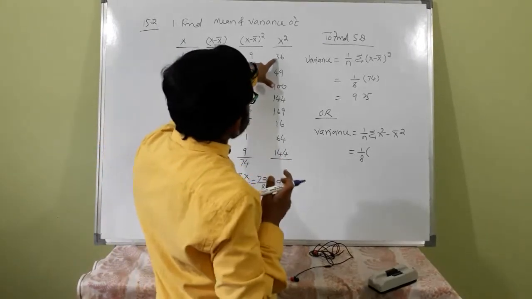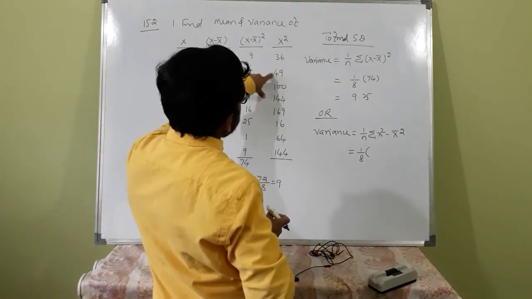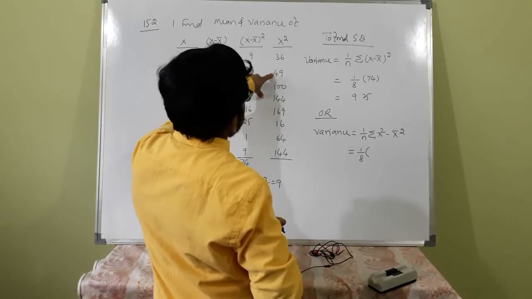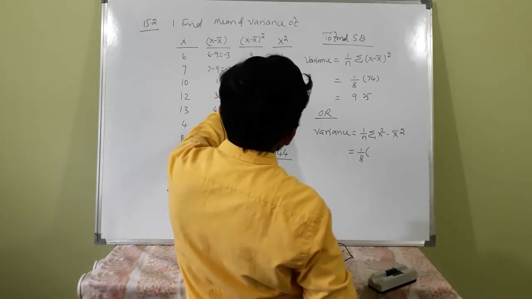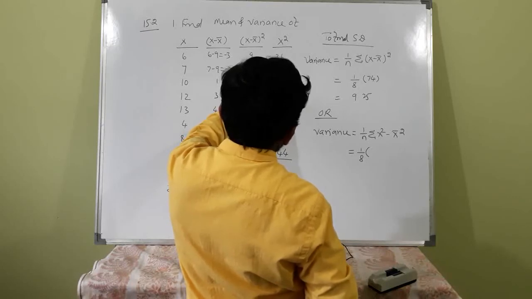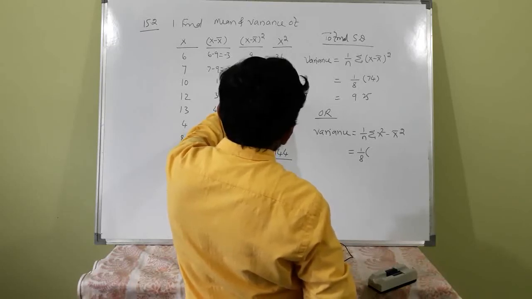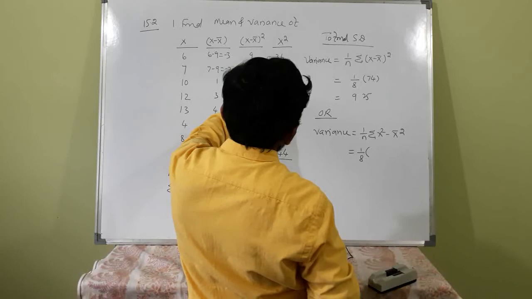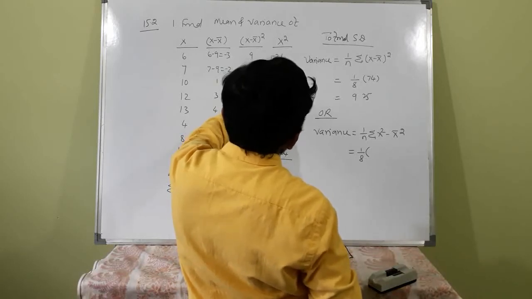See, 36 plus 49, this is 85. 85, 185, 185 plus 4, 189, 229, 329.